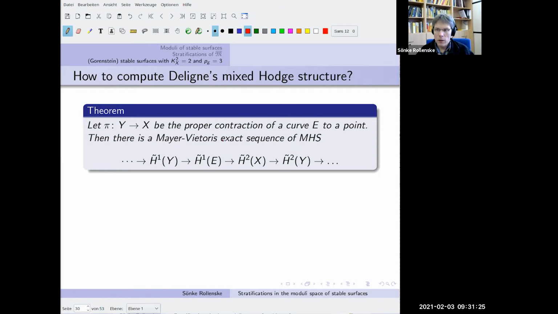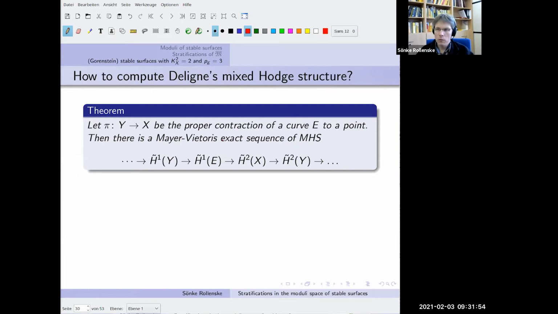Usually when you say Mayer-Vietoris you think that you have decomposed something into two bits, but one of the bits that you decompose it into is basically the point, and the point has no reduced cohomology, so it just disappears from the exact sequence.